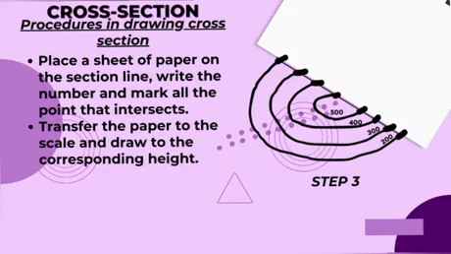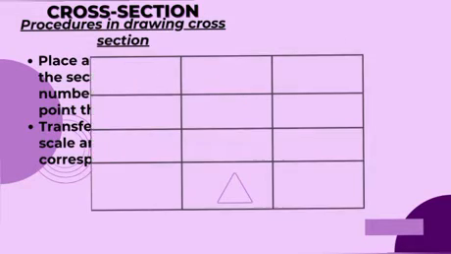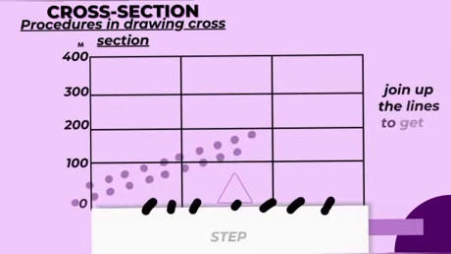The next step is to place a sheet of paper on the line that has been drawn, and at each point of intersection of the paper with the line, you indicate the numbering of the contour line. After the paper has been placed and marked, you transfer the paper to the scale and indicate the points, just like we have here.